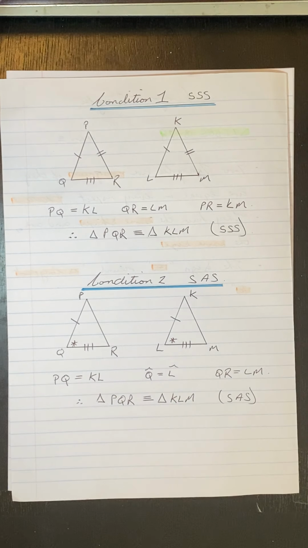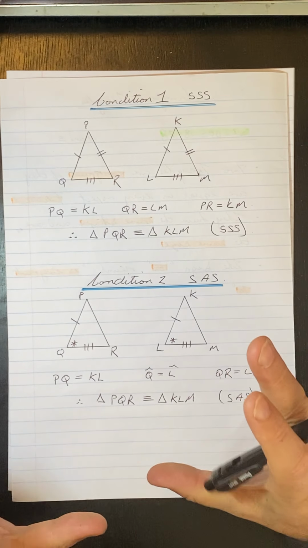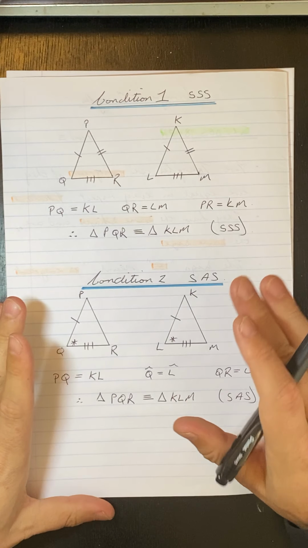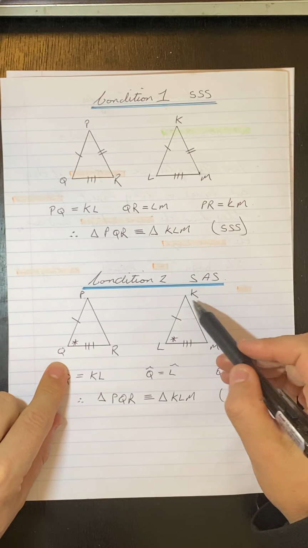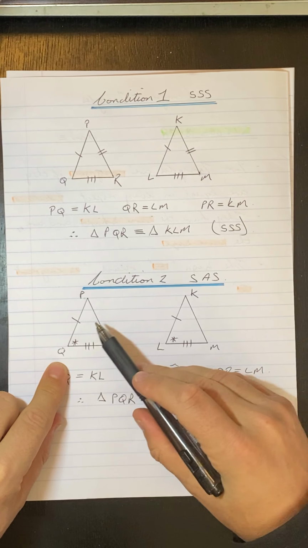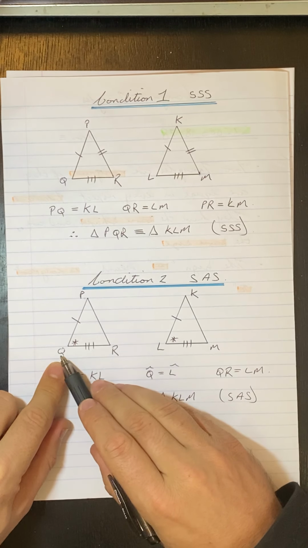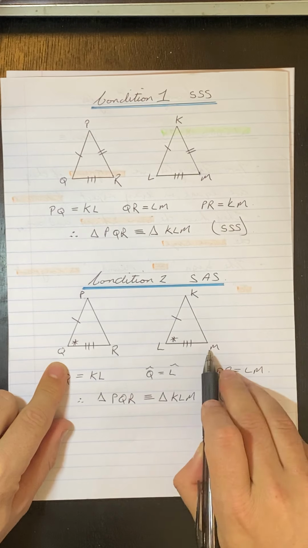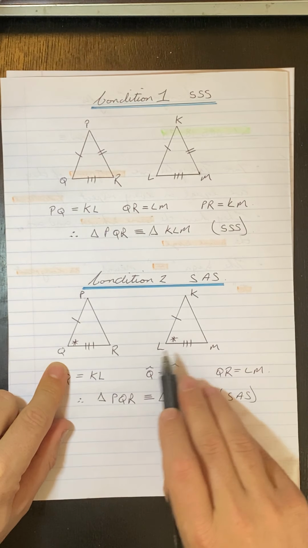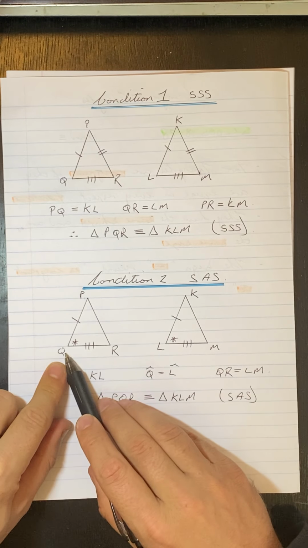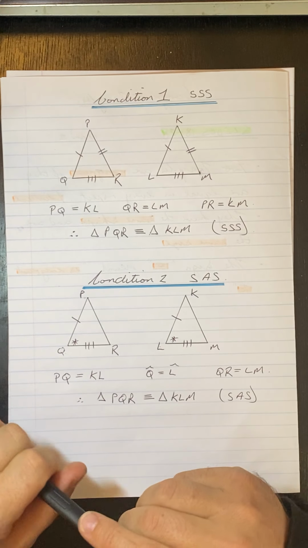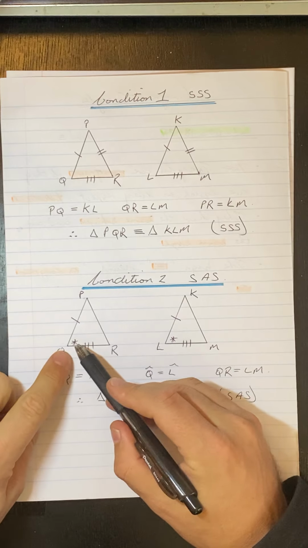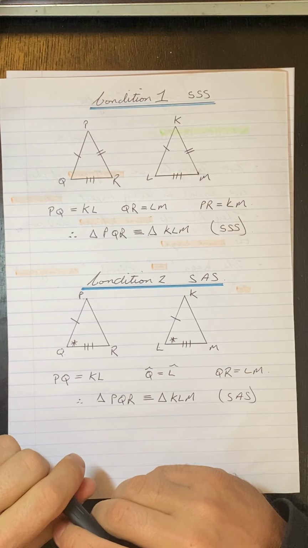Condition two is, now I just need to give you a little warning about this one. If we have a look here, we've got PQ equals KL. That's what that line means, and that line means there. We have QR equals LM because of those three lines there. Then we have this angle Q equals this angle L, okay? And what I want you to notice from this, grade nines, is this angle is the inclusive angle.